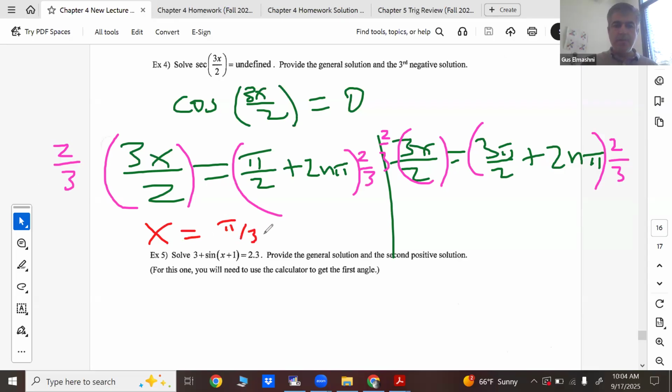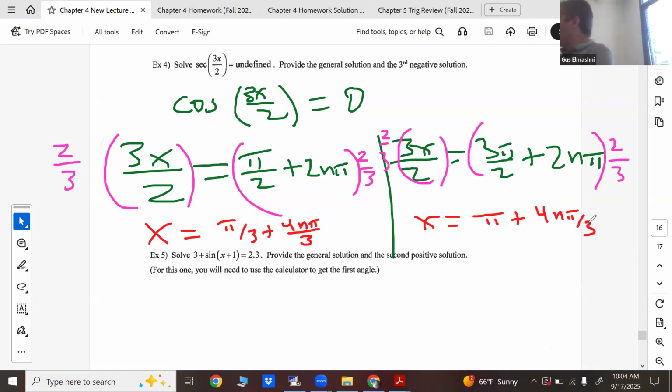Okay, we'll do this. Would you agree with what I have in red? Yep, multiply by 2/3, isolate the x.